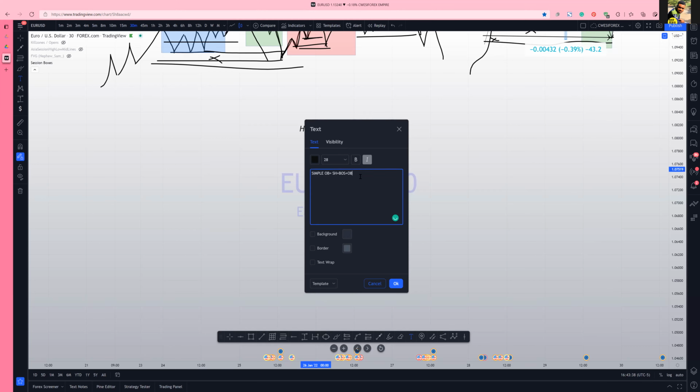And the second is the SMS plus break of structure plus order block. So these are the two simple OBs that we have, and that we trade.